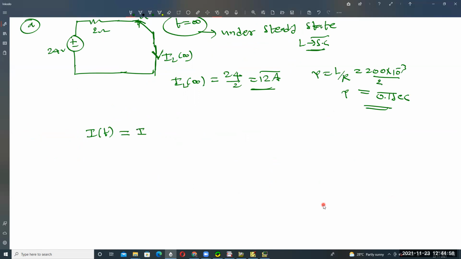As you know well, the expression is I of infinity plus I of 0 minus I of infinity times e power minus t by tau, for t greater than or equal to 0.